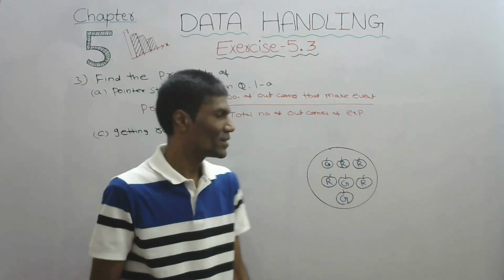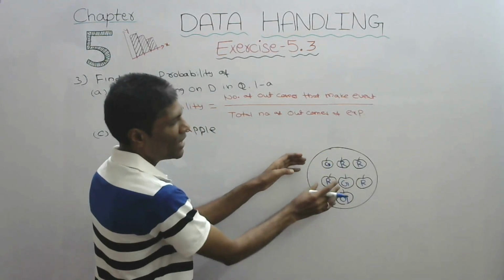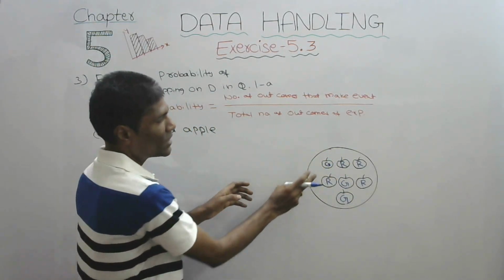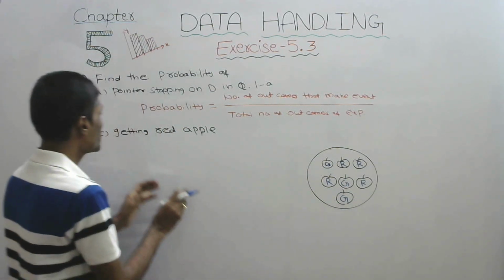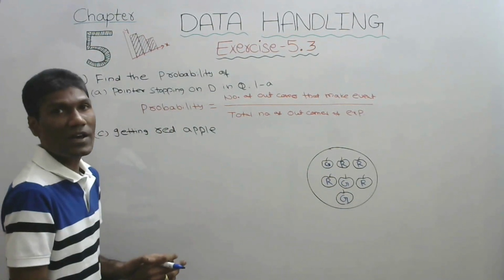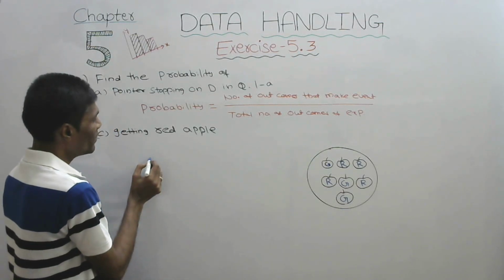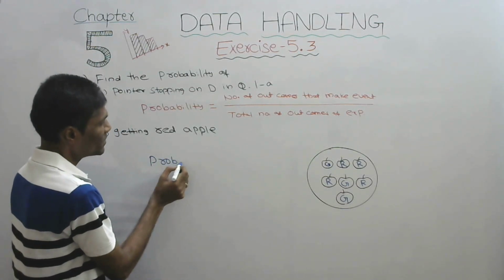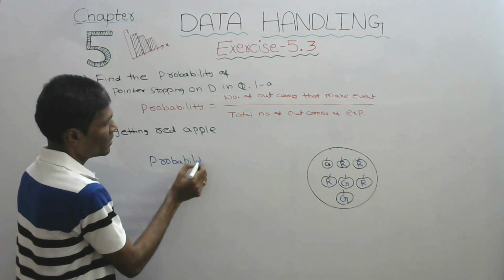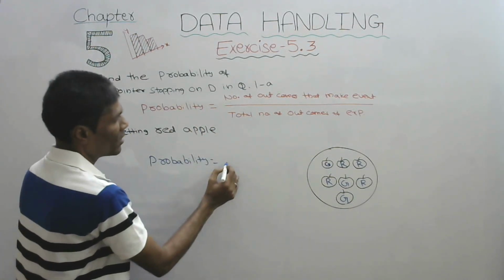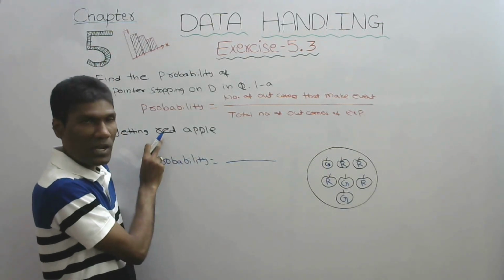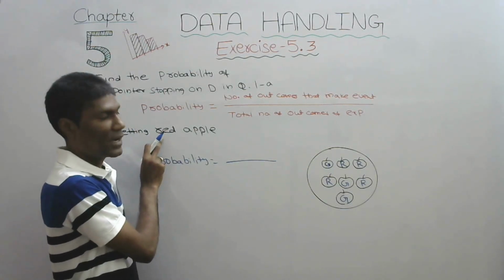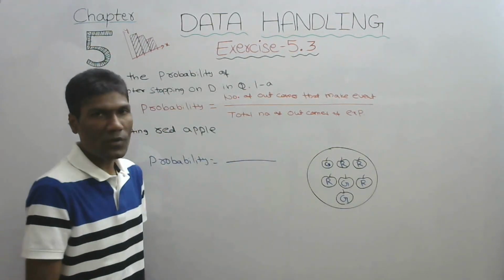Next is C bit. In this, he has given some apples. Some green apples are there, some red apples are there. And he is asking the probability of getting a red apple. So probability, we know the formula. According to this formula, number of outcomes of this red apple divided by total number of outcomes.